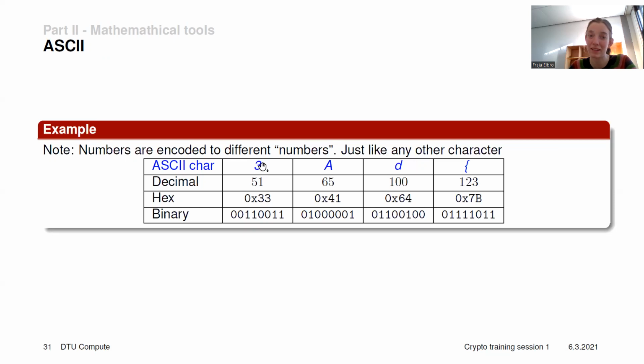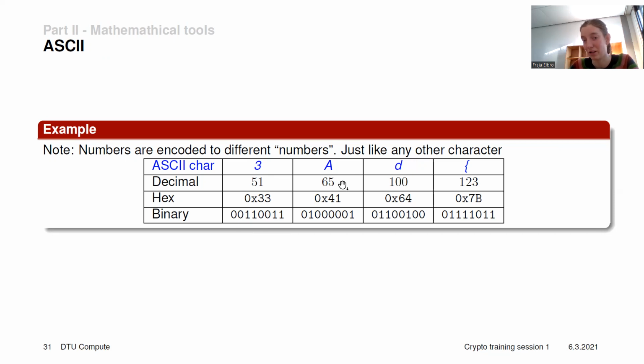Note that numbers are encoded into different numbers. For example, the ASCII character 3 is encoded into the decimal number 51, which in hex is written as 33. I just wanted to give some examples for translating into binary. So 33 is translated so that the first 3 is represented first, and the second 3 is represented by the second group.